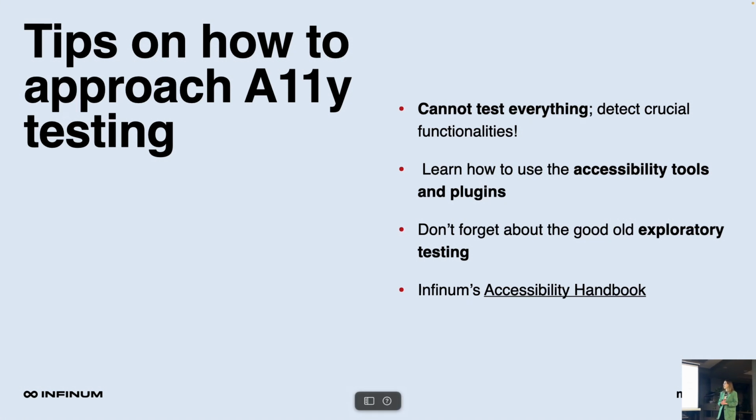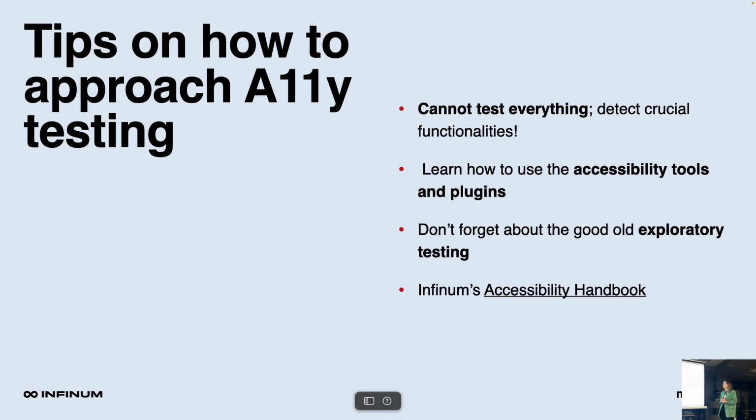What can also help you, and what I am also using, is our accessibility handbook. Of course, you have to go to WCAG to see the real guidelines, but we also covered them, and you just have a brief overview of everything if you're starting.